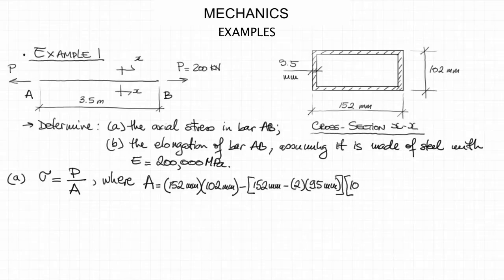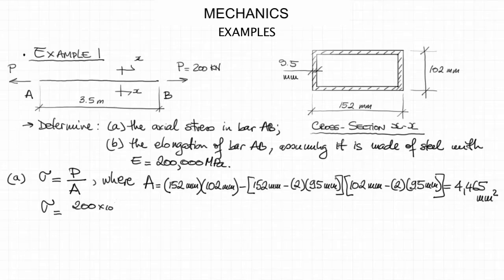What I decided to do here is to calculate the area of the outside rectangle and subtract from it the area of the inside rectangle, which is a hole really, and the result is 4,465 millimeters squared.